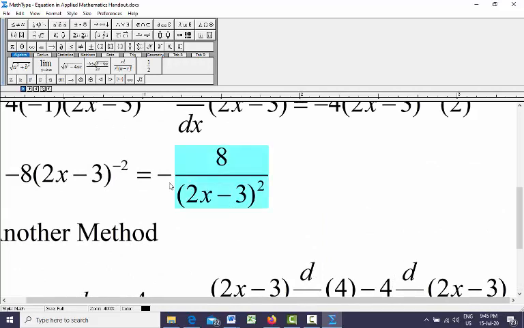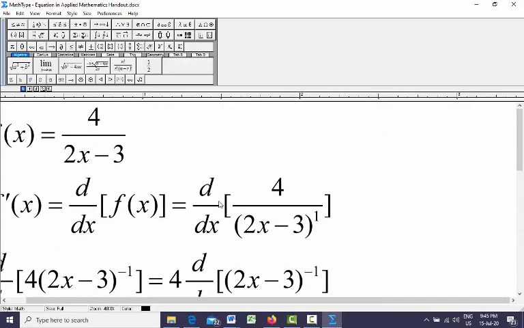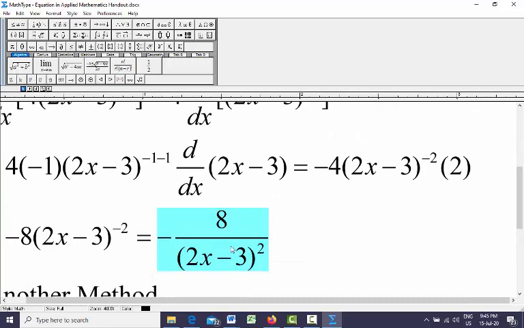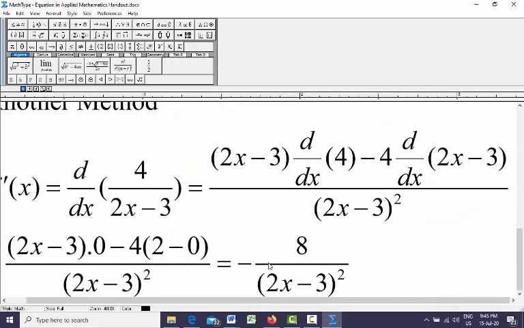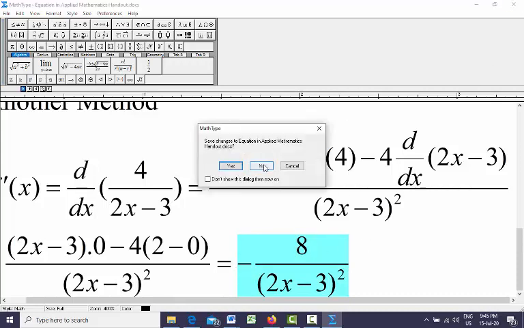In the previous method, when we applied the division rule, the answer was minus 8 divided by 2x minus 3 squared. Here also, still the answer is the same, which is minus 8 divided by 2x minus 3 squared. So the answer will always be the same.